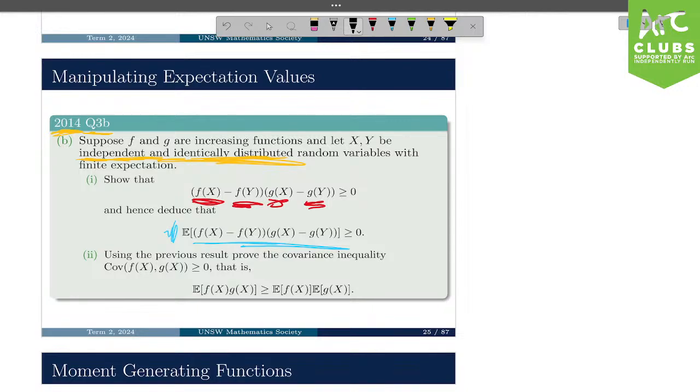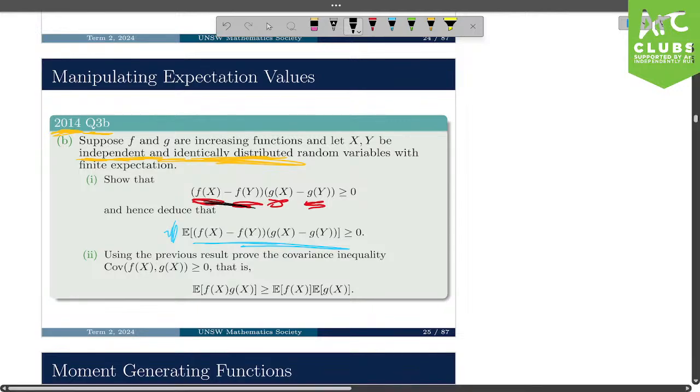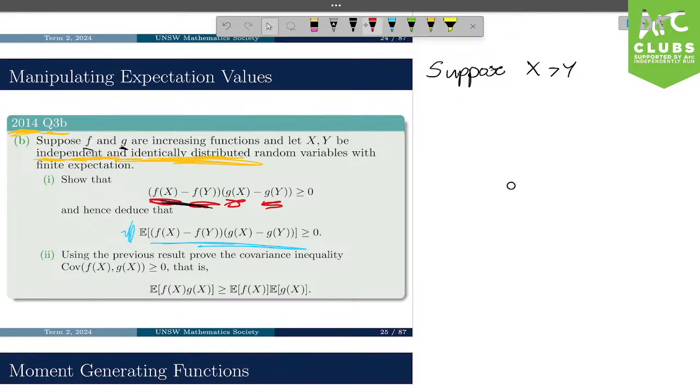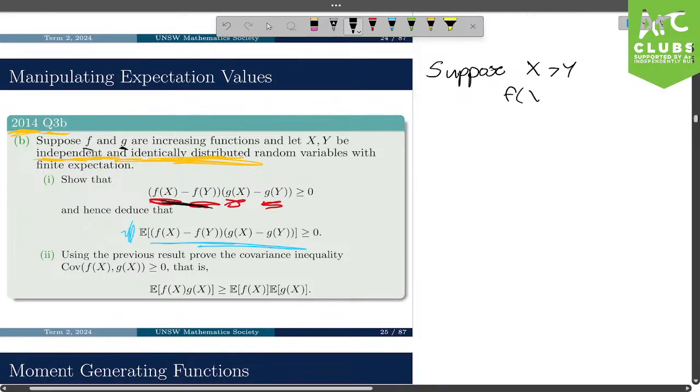Okay, well, how do we figure out that this expression is greater than 0? We can just break it up into two cases. Suppose x is greater than y. Well, we know that f and g are increasing functions, so they're monotonically increasing, and that means that if I apply f to both sides, f of x is greater than f of y.